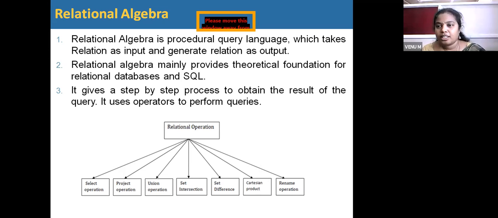Here, there are some relational operators like select, project, union, intersection, difference, Cartesian product, and rename operations. What is the symbolic notation for the select operation? Before going to that, what is the meaning of selection? What is the meaning of projection? Union, difference, intersection are all common words in mathematics.